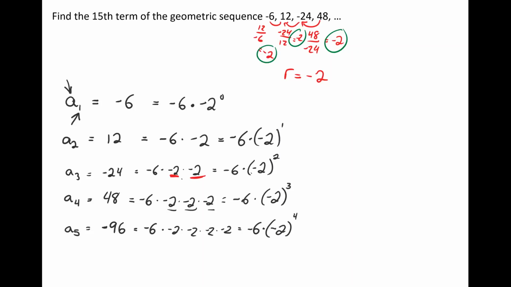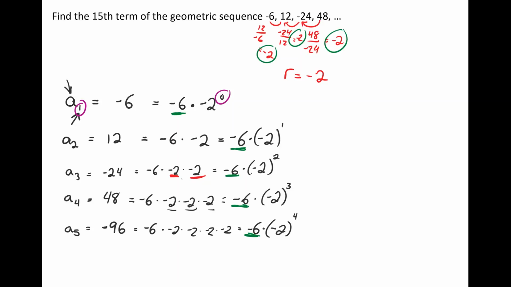Can we generalize the pattern we see going on here? Let's see. Well, I notice every time that I'm finding the next term, I'm multiplying by negative 6. So I feel like that negative 6 is going to be in my formula somewhere. I also see on the first term, I'm multiplying by negative 2 to the 0th power.